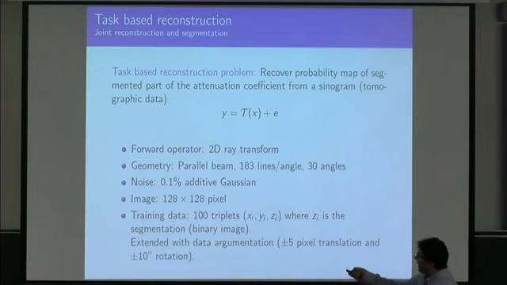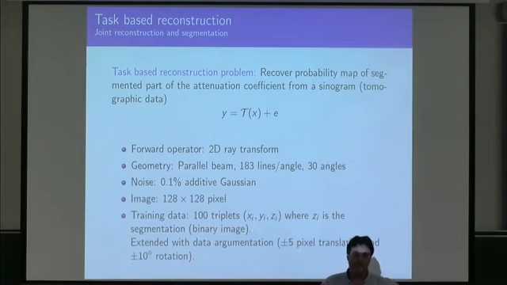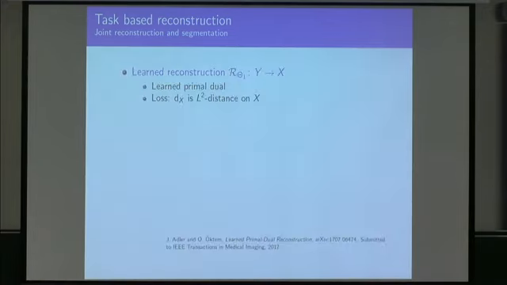So we have training data, 100 triplets actually. This is a 2D image, corresponding tomographic data, and the corresponding true segmentation map. That's what it's training on jointly. Here there is no pre-training, so it's directly training on these triplets. We use the L2 distance in the image space as the loss when we are training for the image reconstruction part.